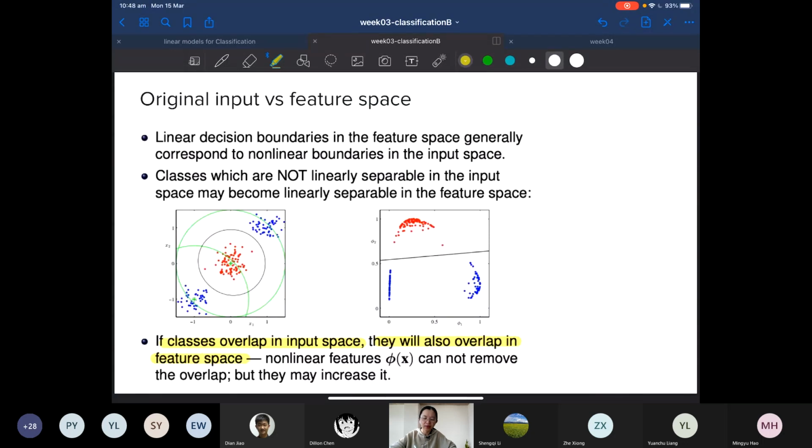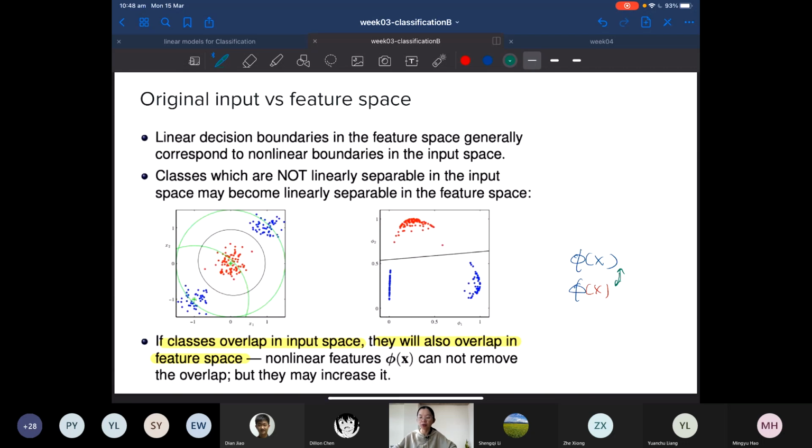Suppose we have a phi of a blue x, and in the same neighborhood we also have a data point with the same value, but it's red. So it's the same input value, and the feature functions of them are essentially equal.